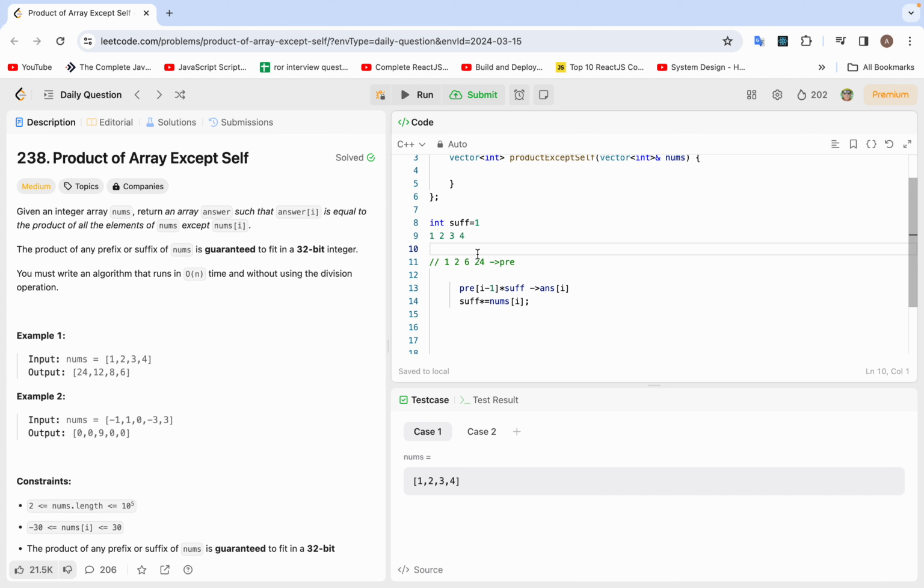start coding with my first approach, in which I was taking 2 arrays, nums dot size. This is the first approach, where I was taking two arrays for storing multiplications. So let's take n plus 1.